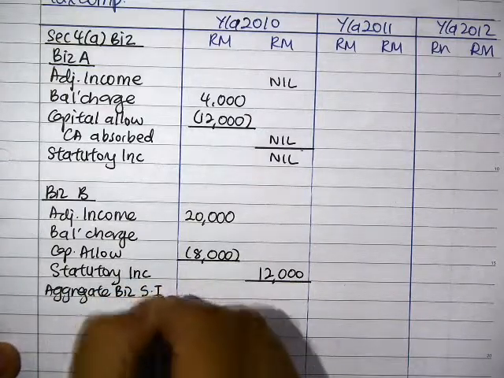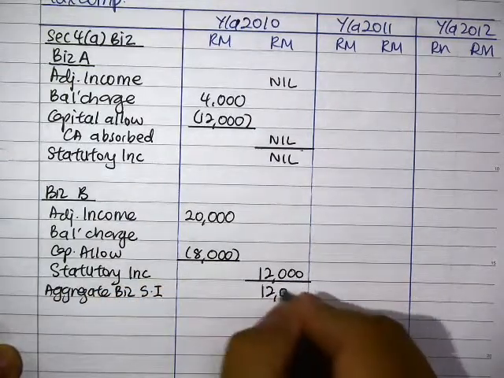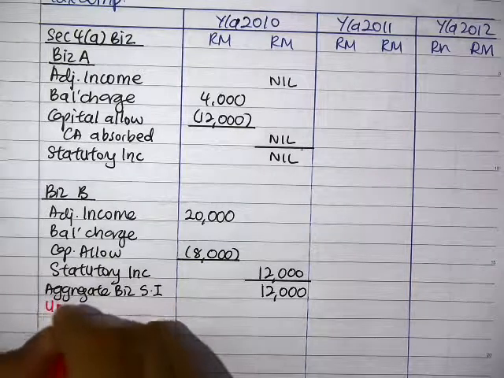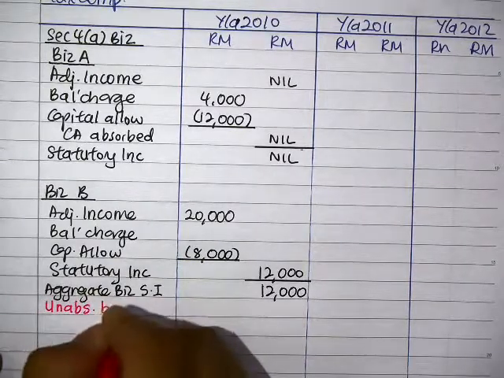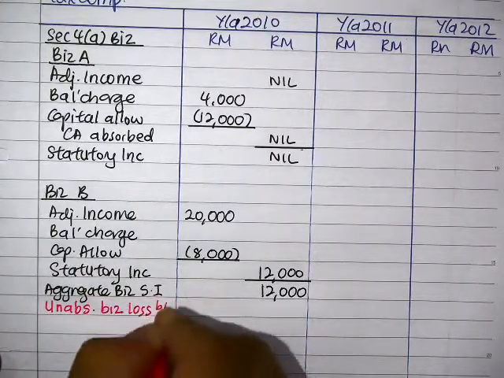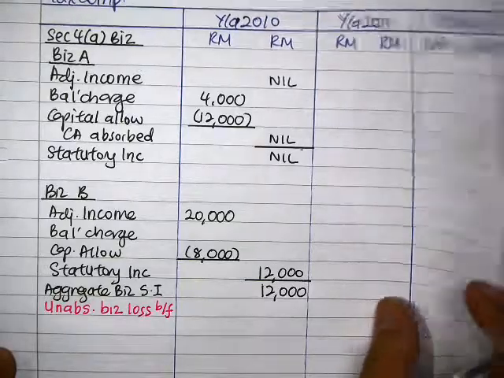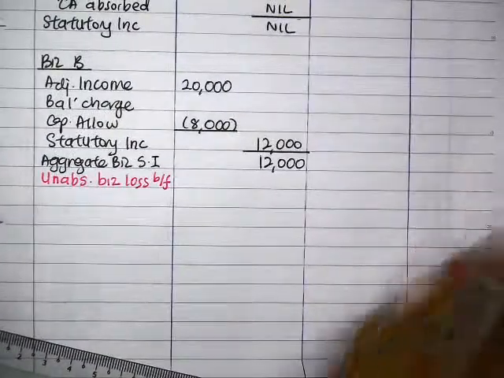Business statutory. And the purpose of getting to this figure is because we're going to claim here any unabsorbed business loss brought forward. Right, in this case, there's none. Now we finish off with the business, so you're going to go on to the non-business.